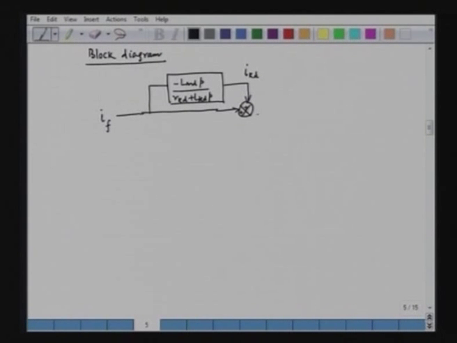So, what we have here can be fed to a multiplier, and the other variable in the multiplier is IQS, and this is again multiplied with some constant term 3 by 2 P by 2 into LMD.